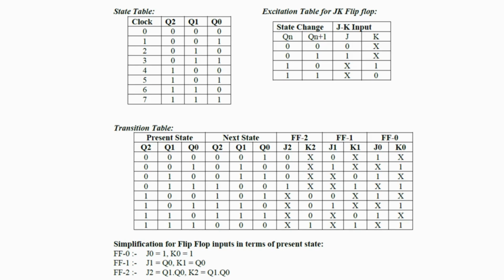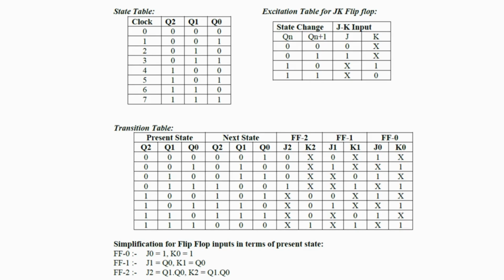Now, for those states, a truth table has to be built up using the 7476 IC. Since it is a JK flip-flop, we require the excitation table for the JK flip-flop. The excitation table gives us information between the present state and the next state. If the present state is moving from 0 to a next state 0, what are the inputs to be provided to J and K?